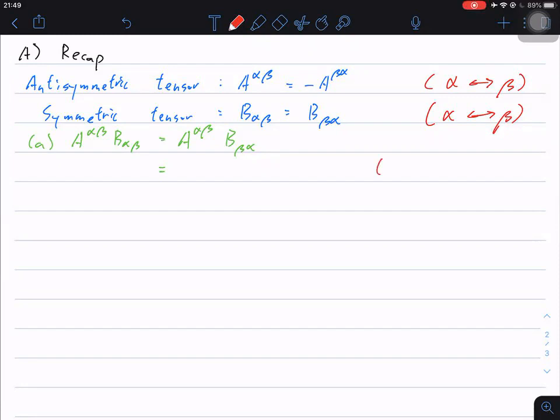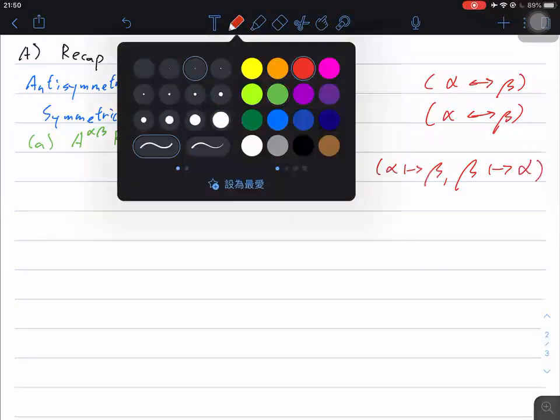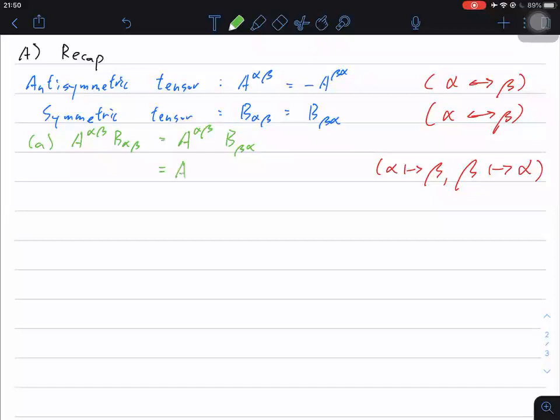So for the next line, I change alpha to beta and beta to alpha. What we have is A beta alpha and B alpha beta. You're just renaming the 2 indices: I put beta in place of alpha and alpha in place of beta.